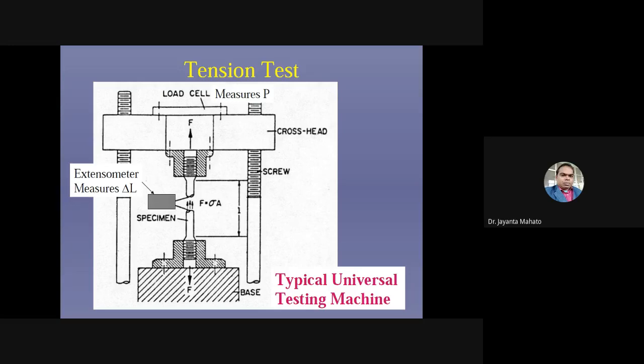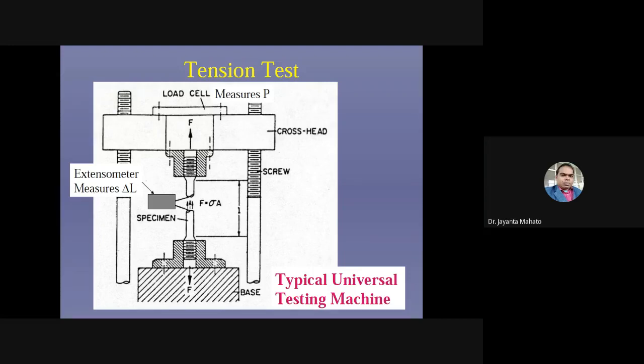You can also control the movement of this crosshead. This is sometimes called the position control mode. Position control means you are giving the command to the machine that this amount of movement of the crosshead has to be done per unit time.